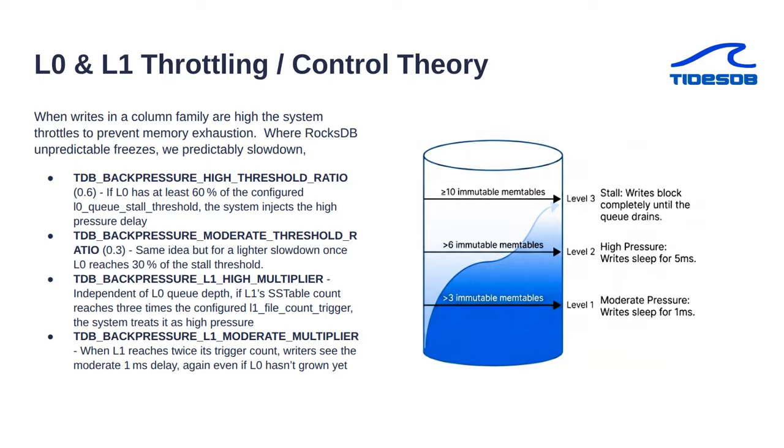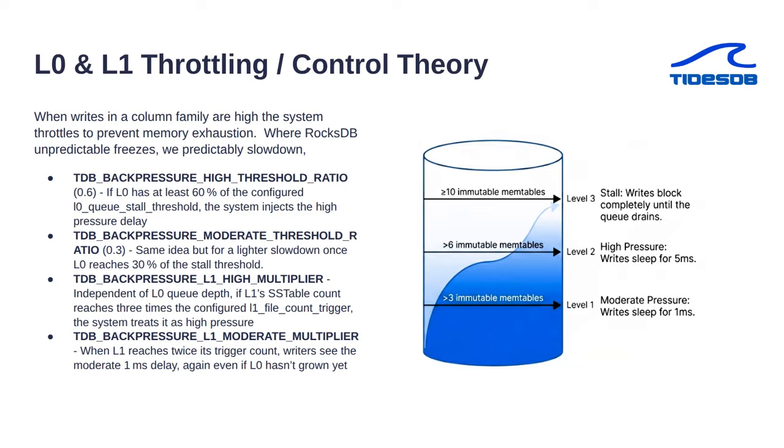TidesDB also implements this idea from control theory. When writes to a column family are very high, this can cause memory exhaustion, because those queued immutables, unless they're taken care of, are going to accumulate in memory, and we're going to have to take care of that in some way. So we have this idea of gradual back pressure. By default, each column family can have up to 10 immutables in its queue, right?